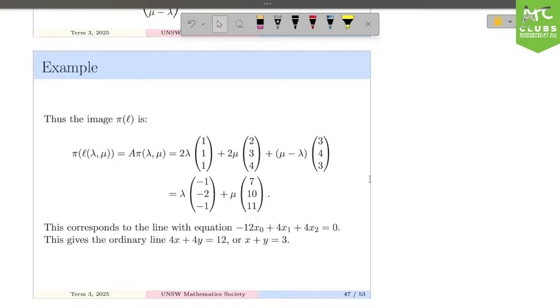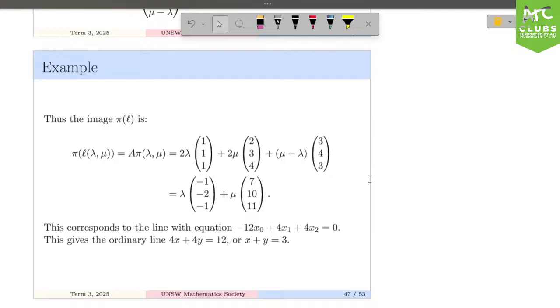And then you can turn this into a Cartesian equation in homogeneous coordinates by just taking the cross product like it's R3, and that gives you a line in homogeneous coordinates there.